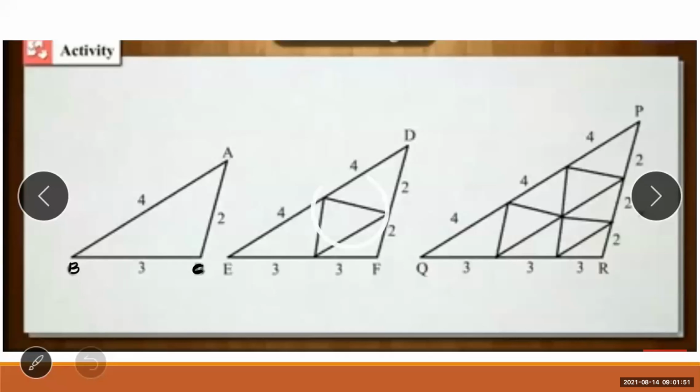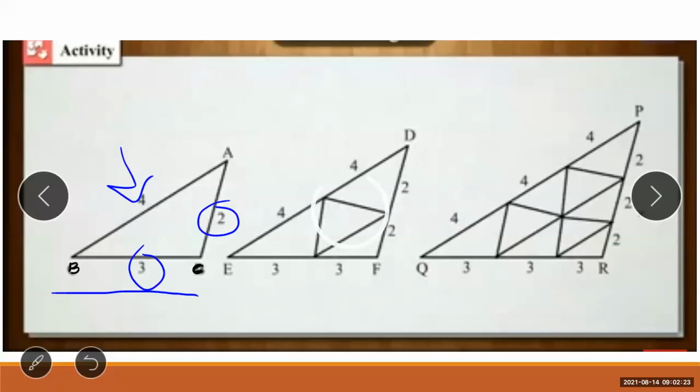Now what you have to do in this activity: take one card sheet, bigger in size, and draw a triangle with sides of 4 centimeter, 3 centimeter, and 2 centimeter. Draw a triangle of this measurement and cut it out from that card sheet.